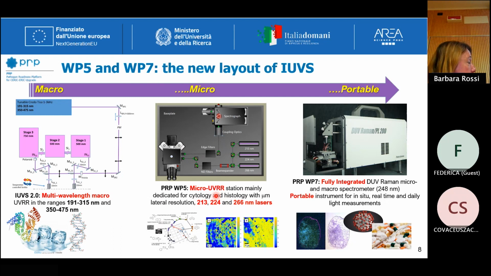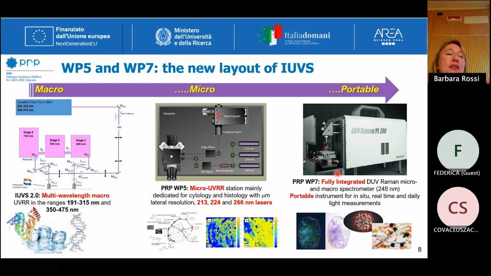And this setup will be equipped with these 3 fixed energy lasers. And finally, we have this other new instrument that will be a portable, fully integrated deep UV Raman instrument for macro and micro measurement, with an excitation source at about 250 nanometers.